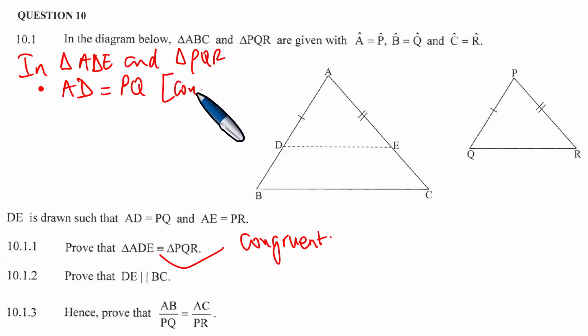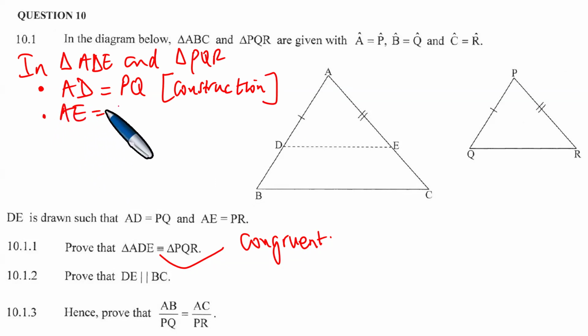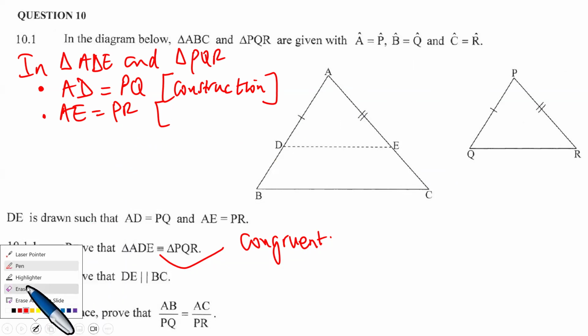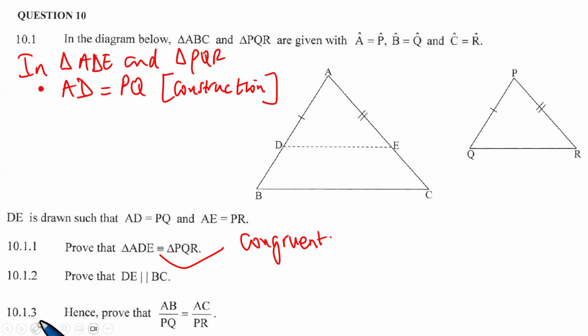Construction. Next, what is AE equals PR? AE equals PR, why? Let's first put them in some order. You can see that angle A is equal to angle P. Why is angle A equal to angle P?